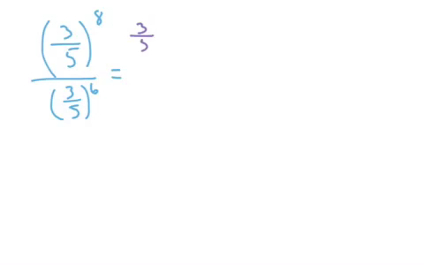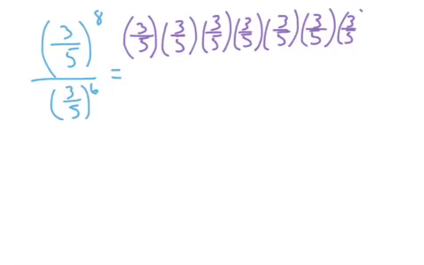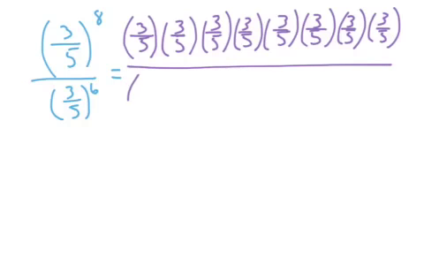So I'm going to be having 3/5, and in my numerator, I need to rewrite this 8 different times. So I have 3/5 8 different times in my numerator. In my denominator, I would be rewriting it 6 times.